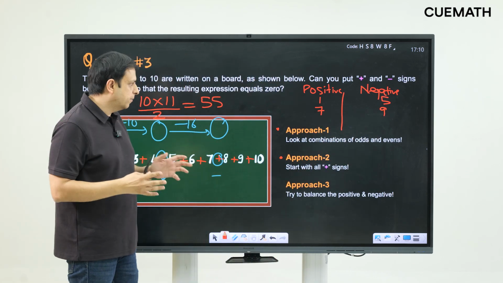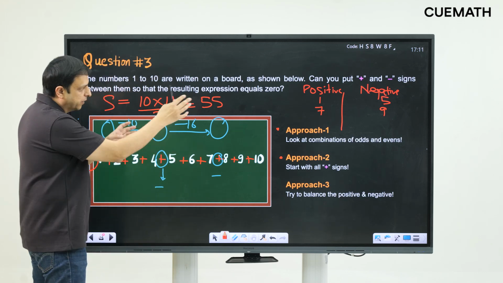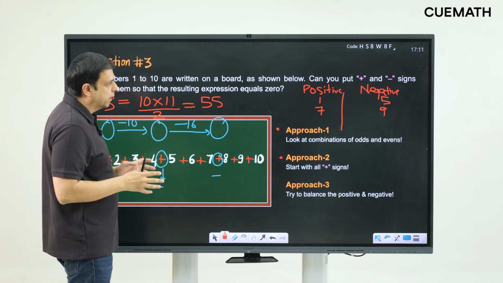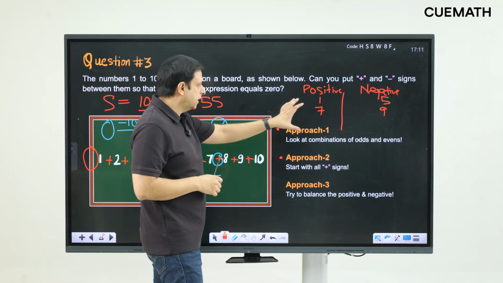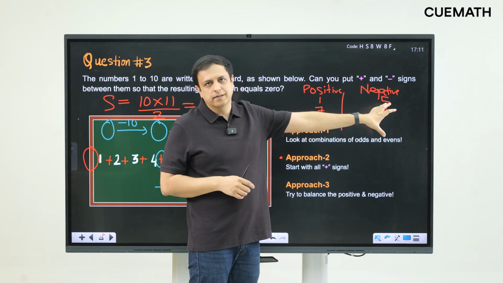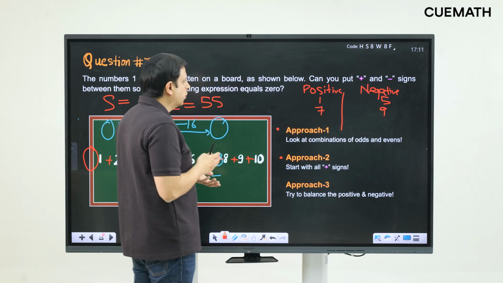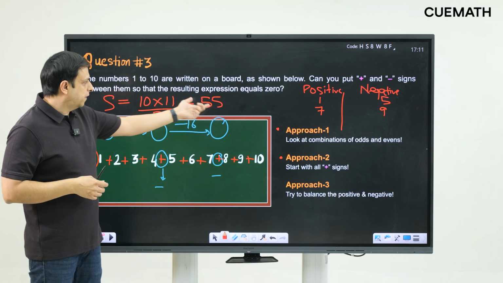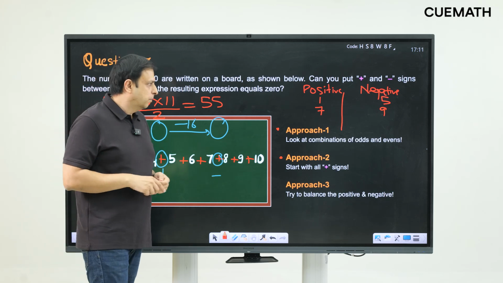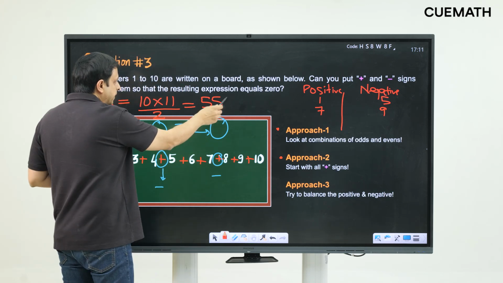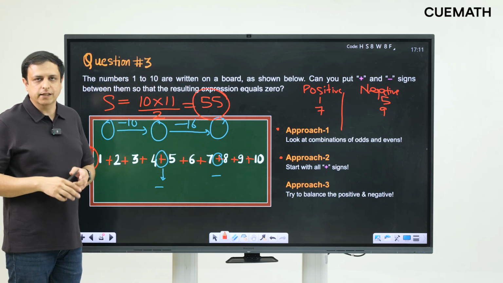So you try and balance all the numbers between these two columns, and then you try to figure out an arrangement where the sum on the positive side is the same as the sum on the negative side, because what you want is the final sum to be 0. But now if you think about it, the total sum is 55, which is an odd number.